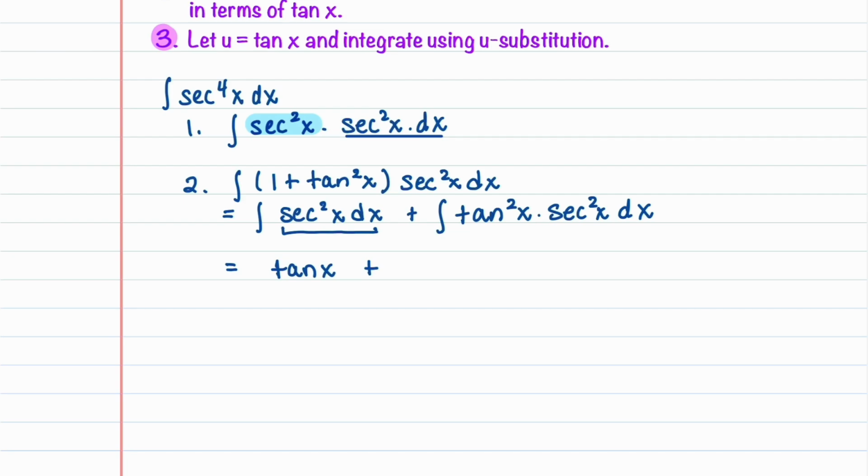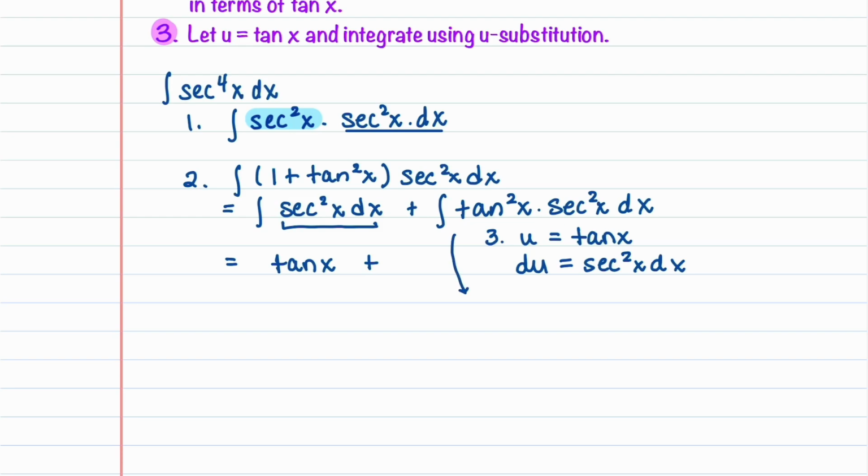Over here, let's write our step 3, and we're going to say u is equal to tangent x, du is equal to secant² x dx. Now our integral becomes the integral tangent² x, so this is u² times secant² x dx, which is du. We know this integrates to 1/3 u³. Our u is tangent, so this is 1/3 tangent cubed x.